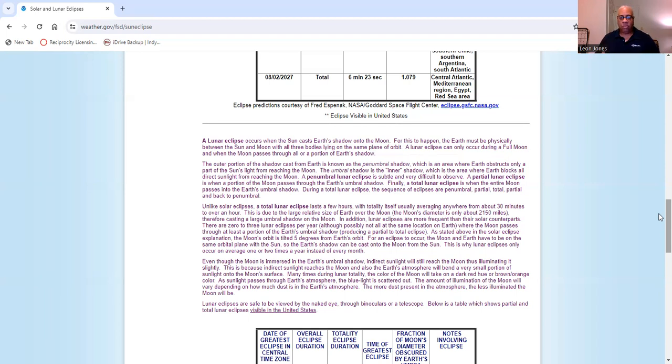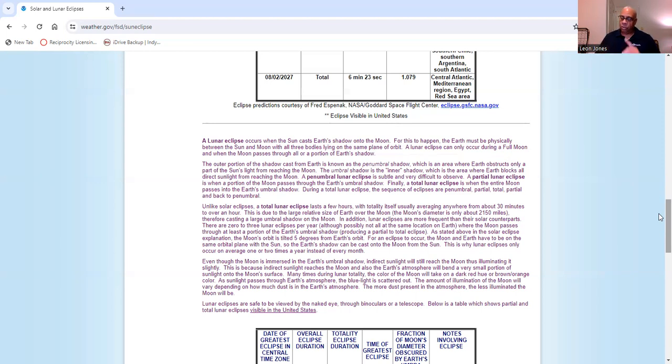So, many times during lunar totality, the color of the moon will take on a dark red hue or brown orange color. Now, as sunlight passes through the Earth's atmosphere, the blue light is scattered out. The amount of illumination of the moon will vary depending on how much dust is in the Earth's atmosphere. The more dust present in the atmosphere, the less illuminated the moon will be.